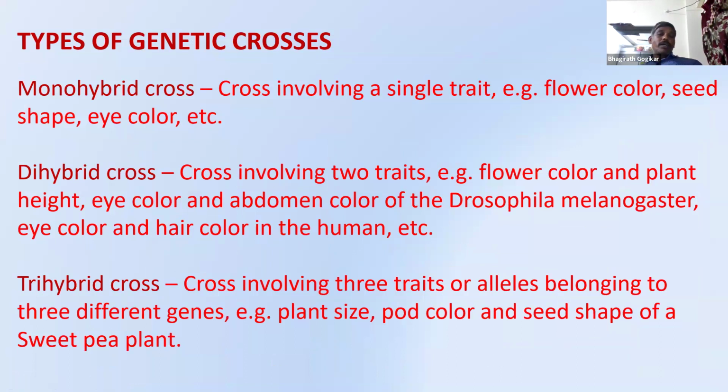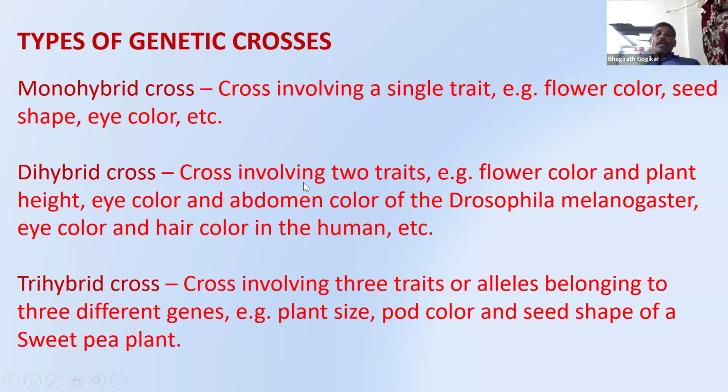That means a cross made between two pea plants which differ in a single trait only. It may be flower position or eye color or skin color. In an experiment, we select only one trait which shows two contrasting forms. That is called a monohybrid cross.